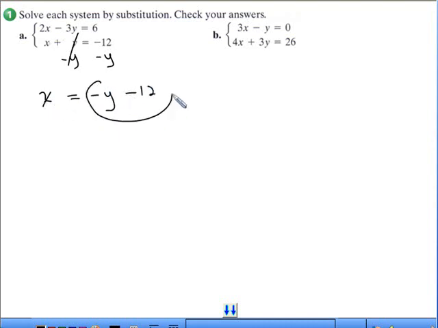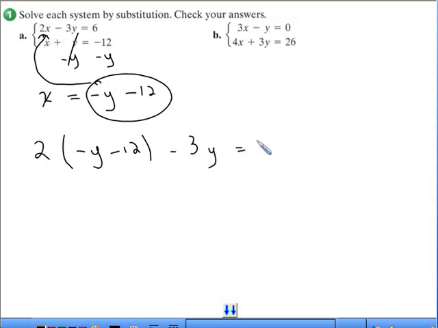Now that we know what x is, we're going to take it and substitute it in the other equation right there. So we're going to get 2 times negative y minus 12 minus 3y is equal to 6. Distribute. We're going to get negative 2y minus 24 minus 3y is equal to 6.